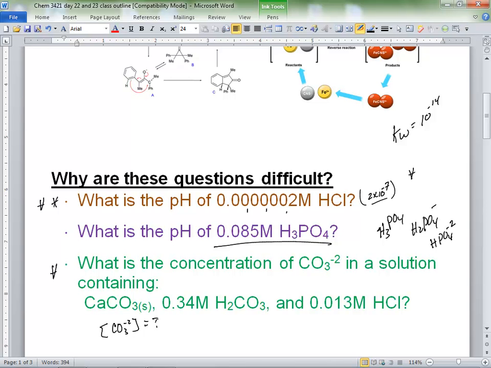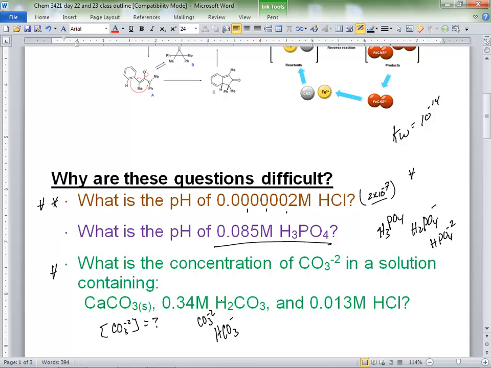What forms of carbonate are being tied up here with this weak acid? Yeah, HCO3 minus. What other form of carbonate? CO3 minus 2, that's coming from there. There's one more. Why do we say H2CO3?